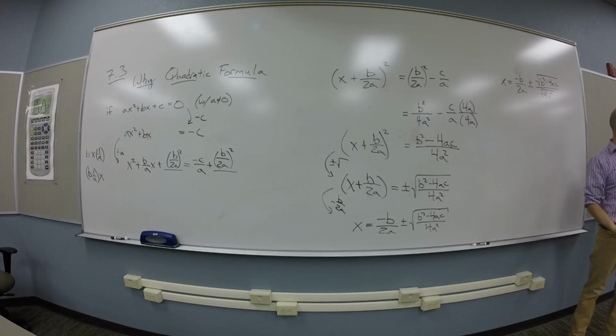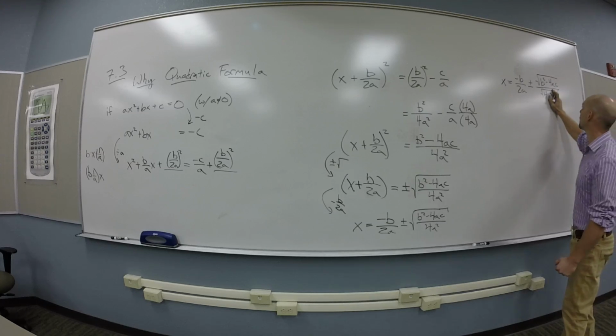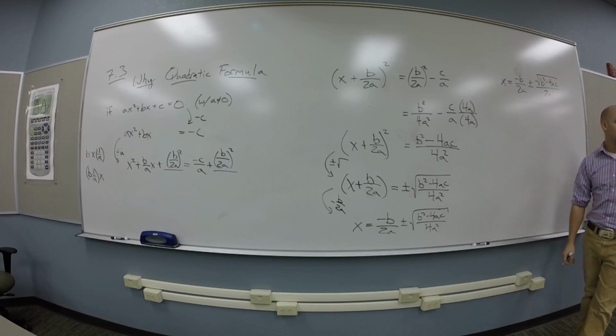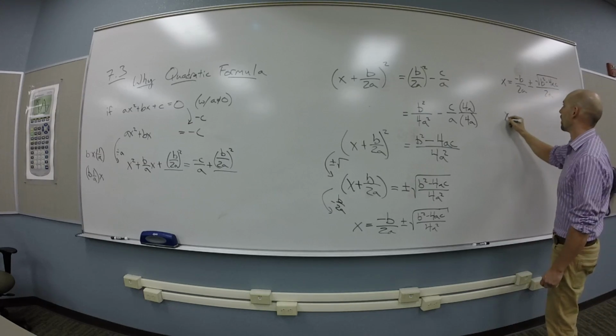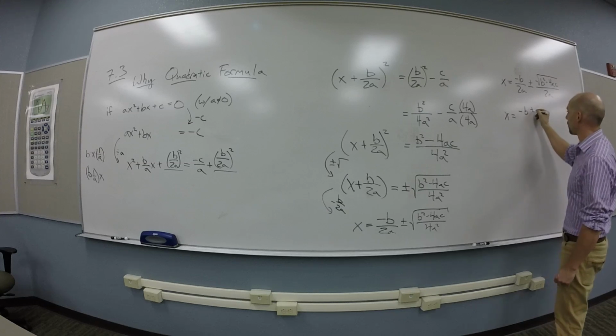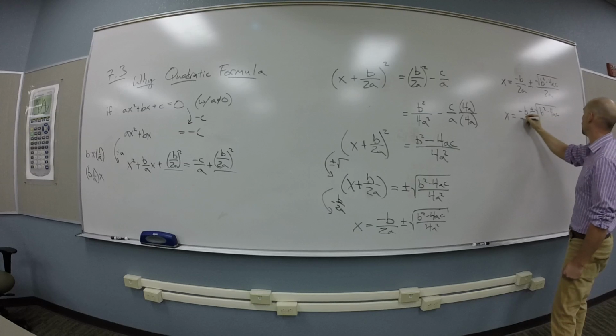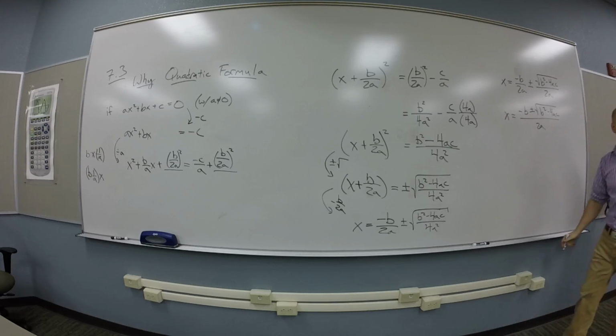I already knew the square root of that because I squared something and got it earlier, right? So I can replace this with 2a, and then they combine, so I get x is negative b plus or minus the square root of b squared minus 4ac over 2a. That's pretty cool.